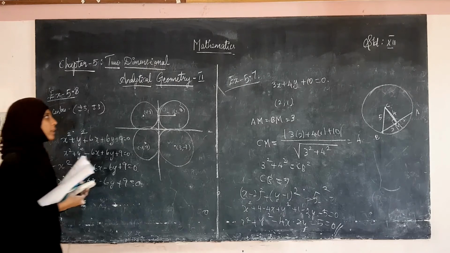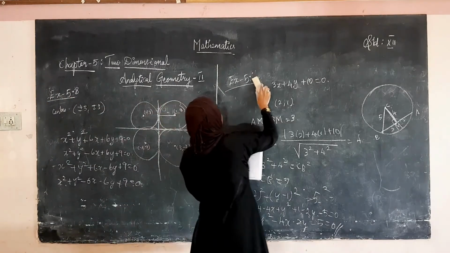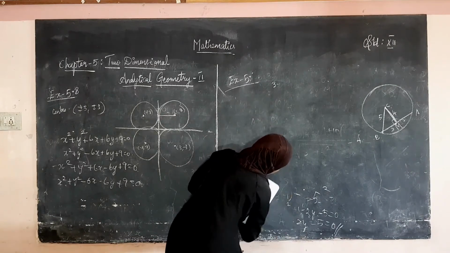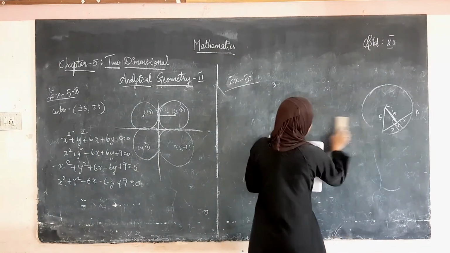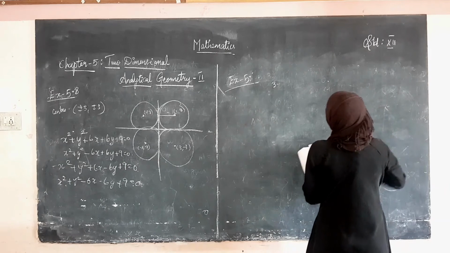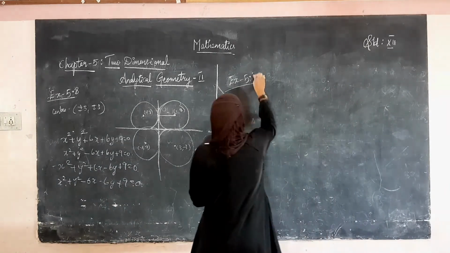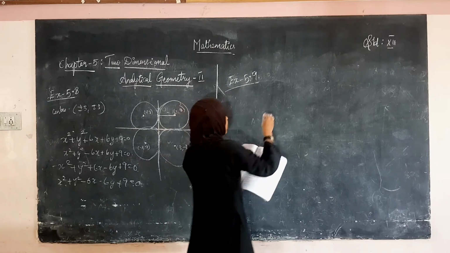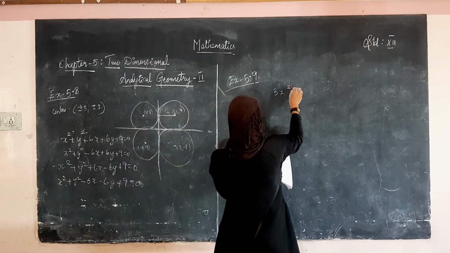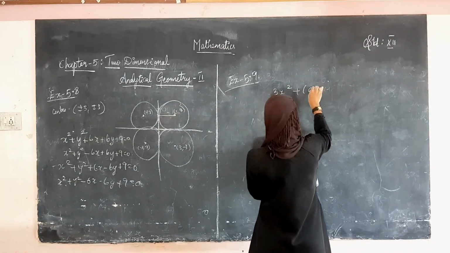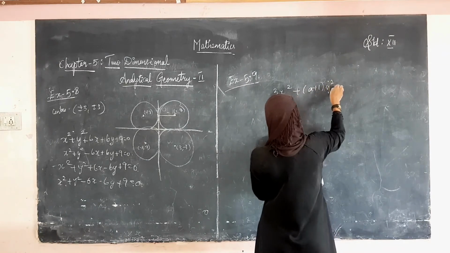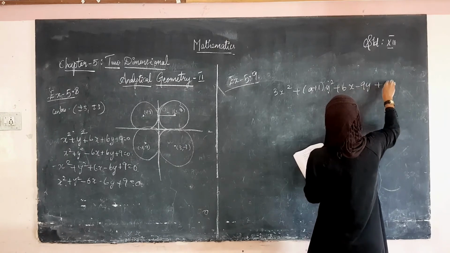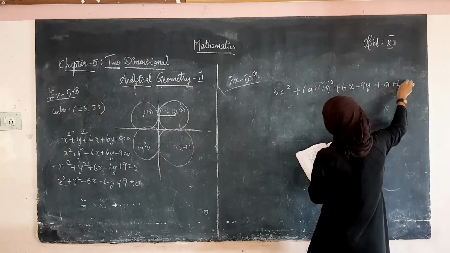Okay. Now, example 5.9. Find the center and radius of the circle 3x² + (a + 1)y² + 6x - 9y + a + 4 = 0.